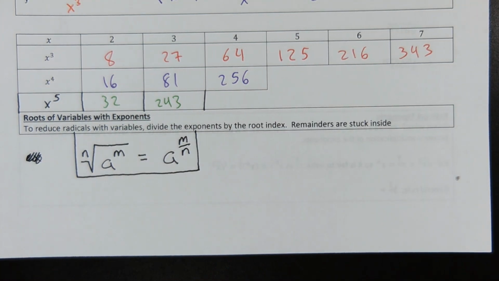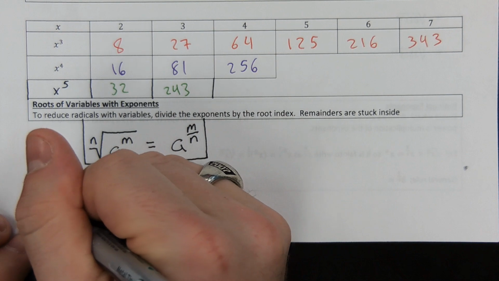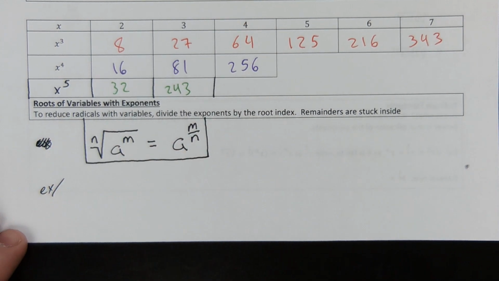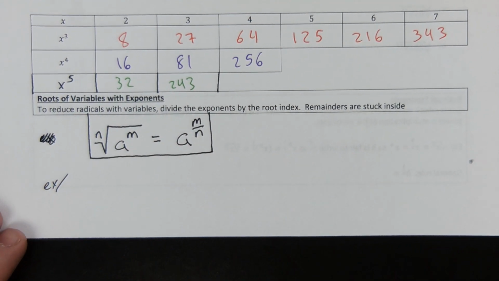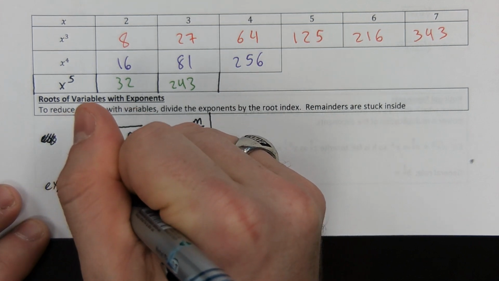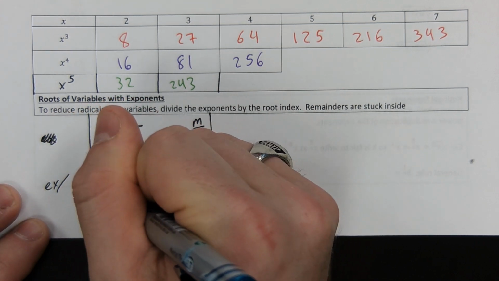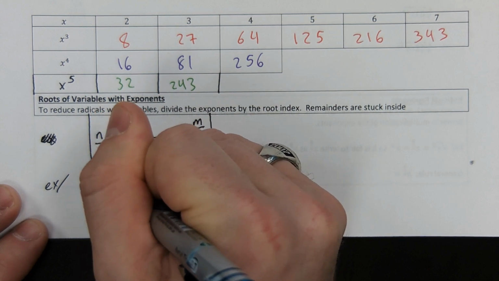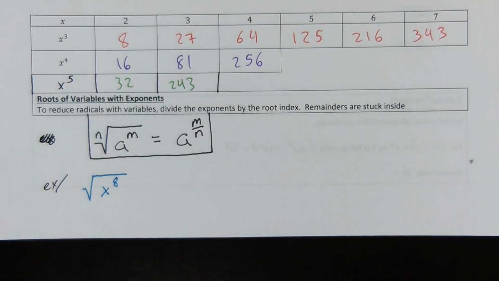For example, what's the root index of a square root? It's a 2. It's the second root. That's why it cancels the second power.